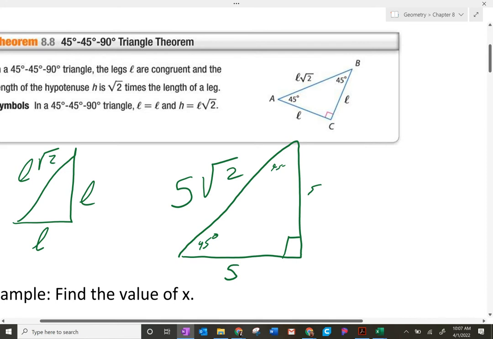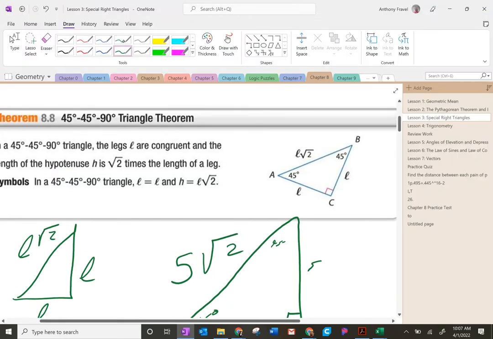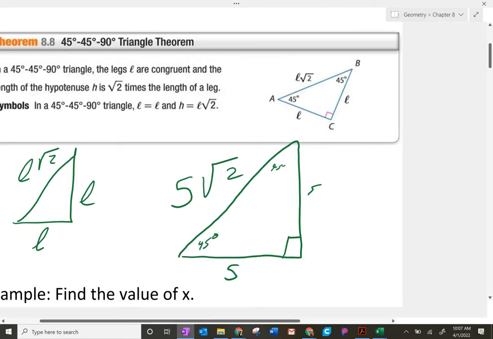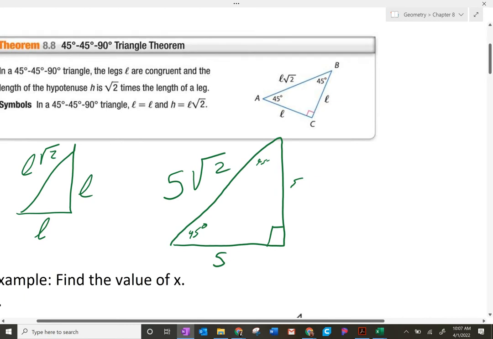Okay, I'm going to show you why it works using that 5 that I just put there. Because if I did Pythagorean's theorem, I'd have 5 squared plus 5 squared equals c squared, because I don't know the hypotenuse. Well, I've got 25 plus 25 equals c squared. I get 50 equals c squared.